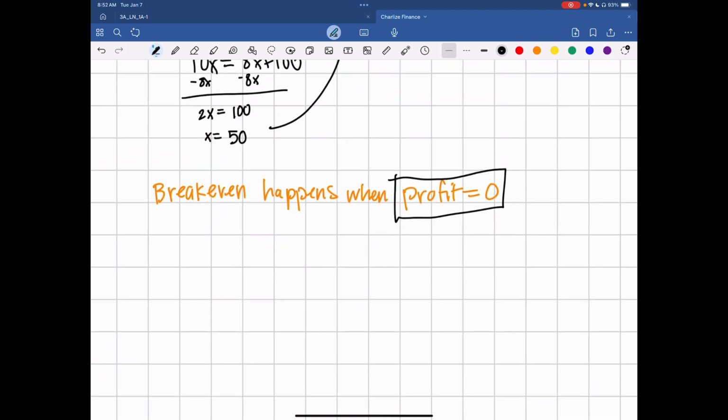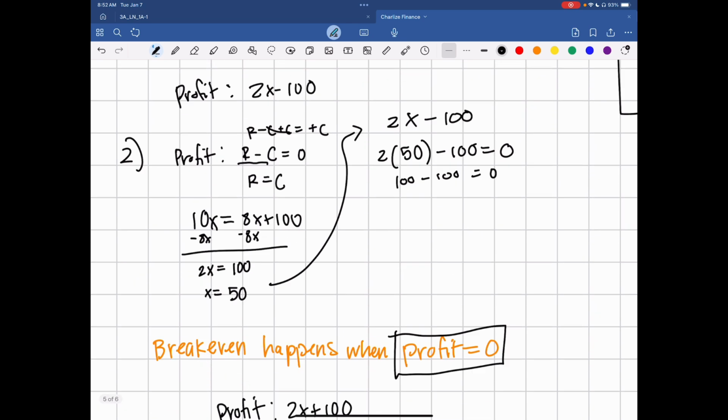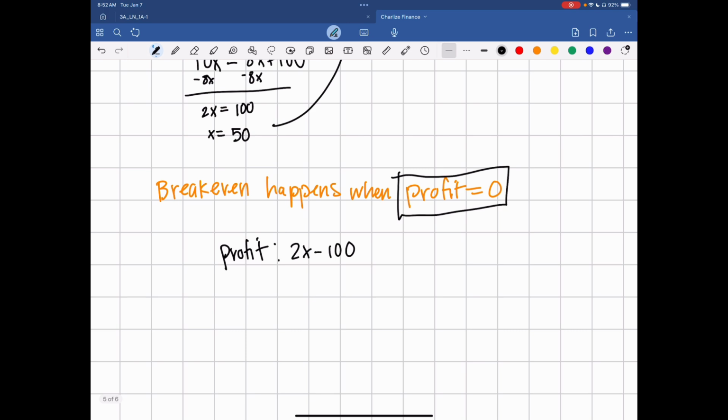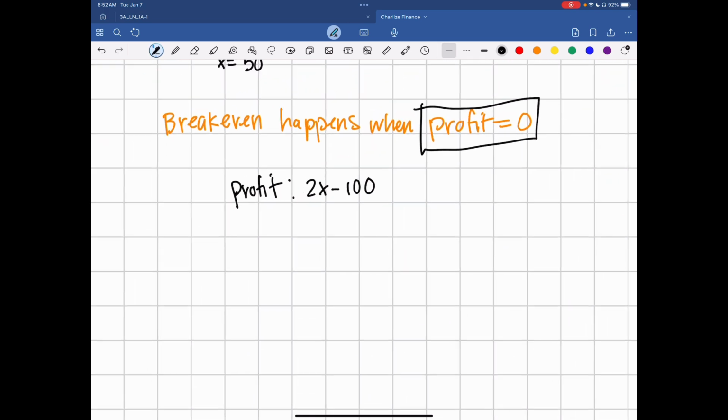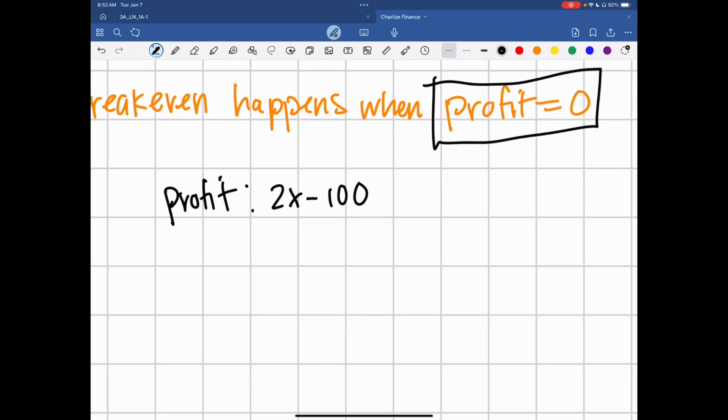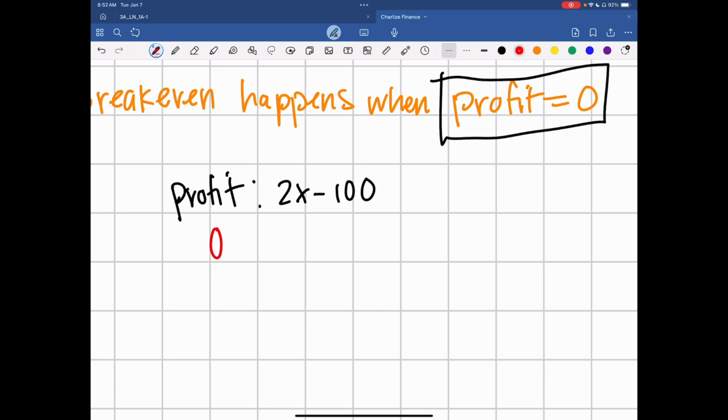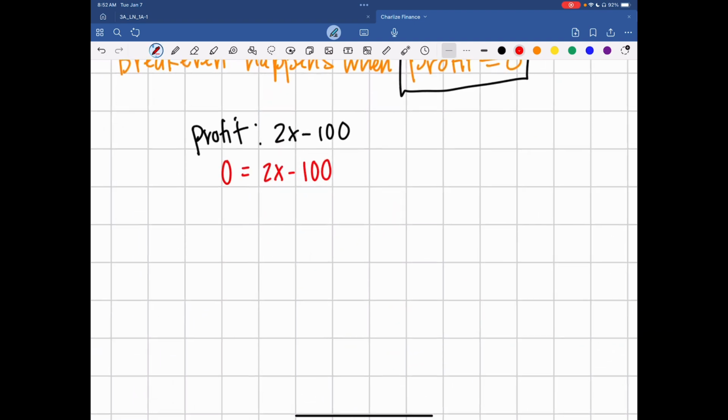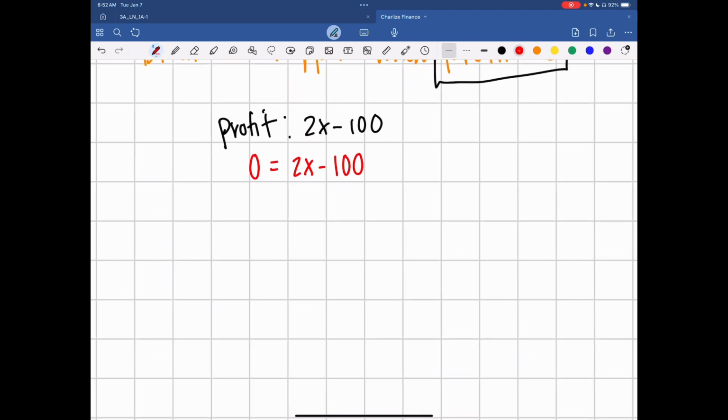So my profit equation is profit is equal to 2x minus 100, my bad. And if profit is equal to 0, in theory, I can take whatever step and use whichever equation, and I would get the same answers as the long way.